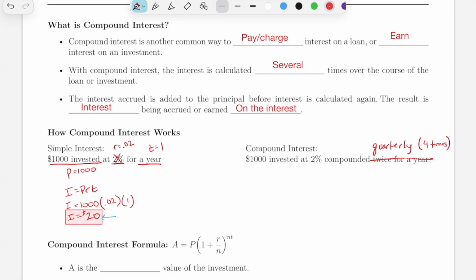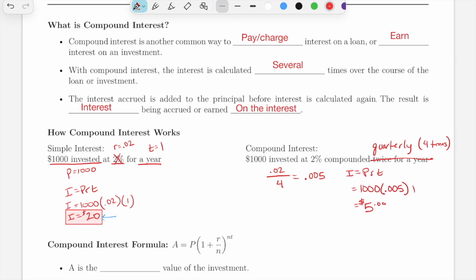I'm going to start out with my 0.02 interest rate over the course of the whole year. And we're going to split that in 4 because we're going to do this 4 different payments throughout the year. This comes out to be 0.005, or in other words, 0.5% interest each quarter. Let's go ahead and use our formula.